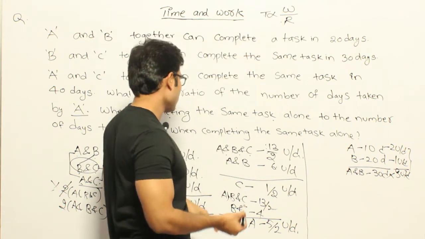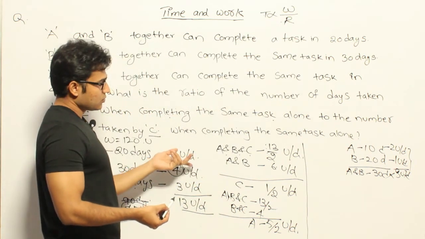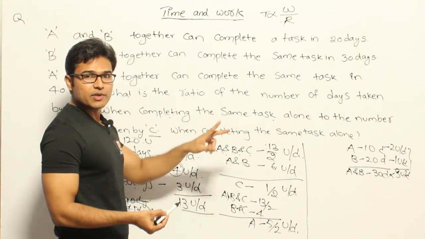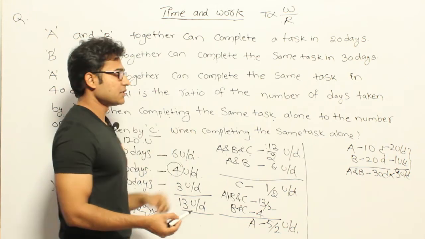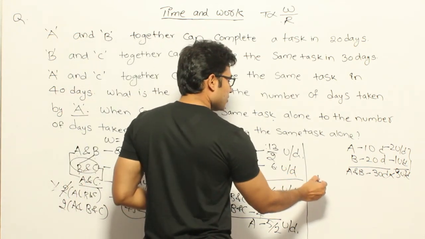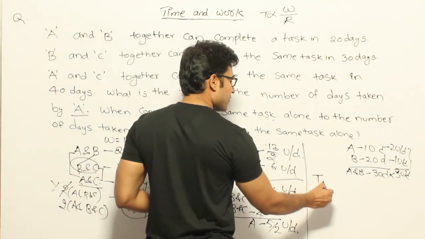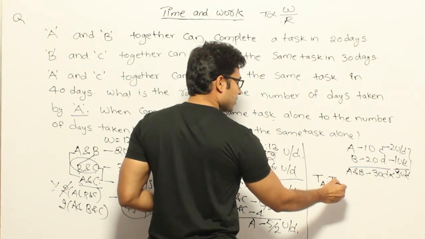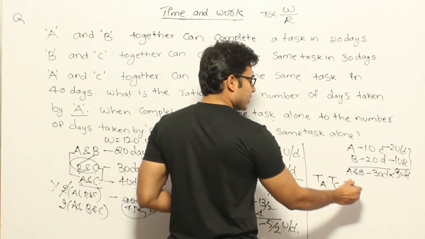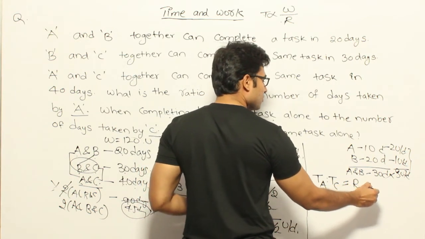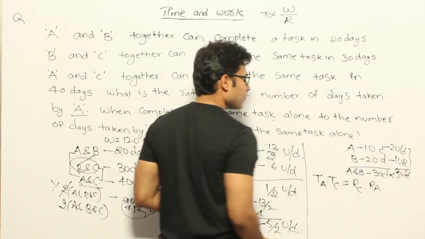Therefore the ratio of time taken by A is to time taken by C will be equal to the rate of C is to rate of A, isn't it? So time taken by A is to time taken by C will be equal to rate of C is to rate of A. Why?